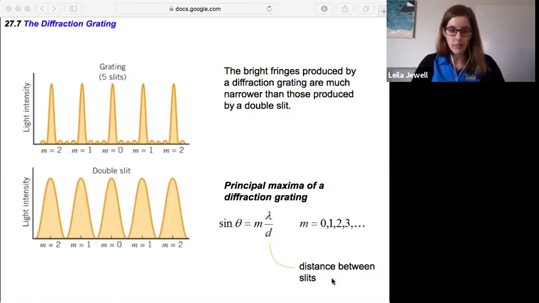That gives you some sense of it. There also are these secondary maxima. We're not going to need to worry about that so much here, but it comes from the diffraction effects as well. You can just focus on finding those principal maxima, the really tall and bright ones.